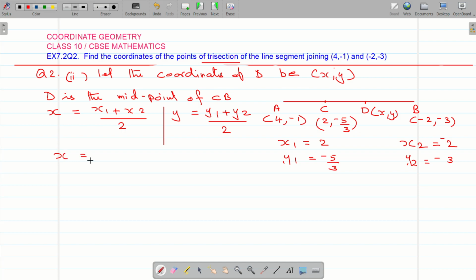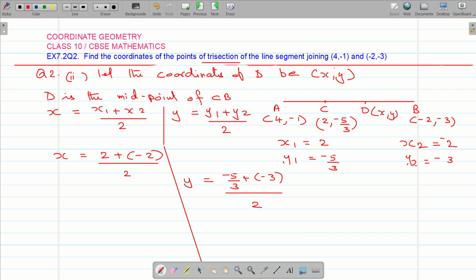So x is equal to 2 plus minus 2 divided by 2, and y is equal to minus 5 by 3 plus minus 3 divided by 2. X is equal to minus 2 plus 2 is 0, 0 upon 2 is 0.